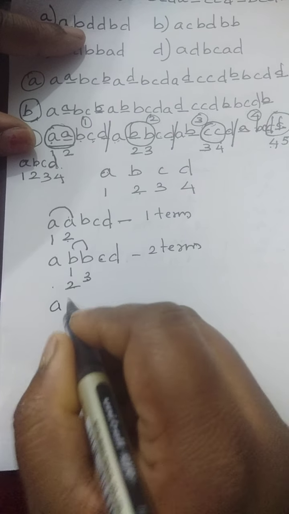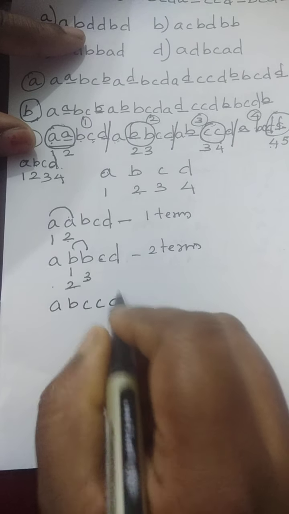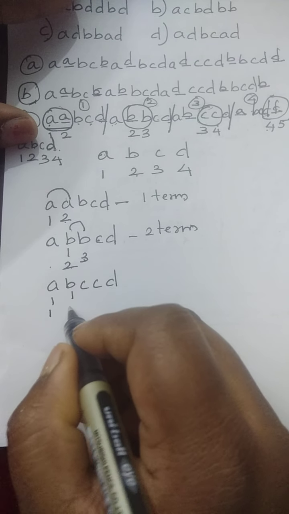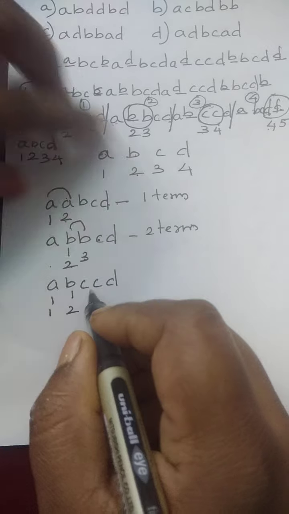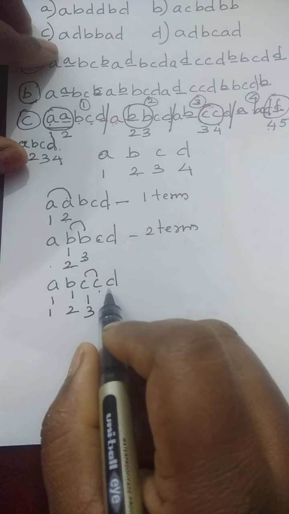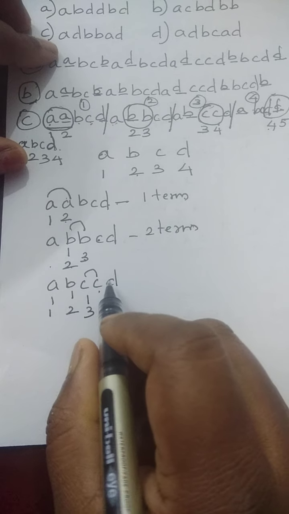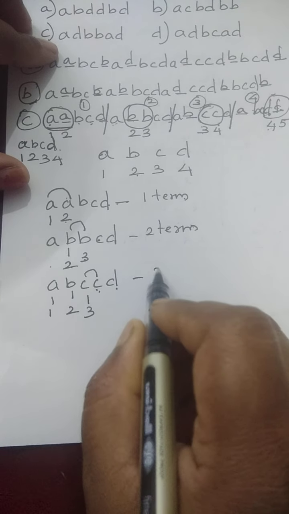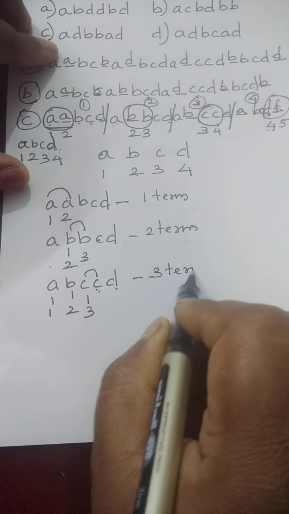And then take the third term, A, B, C, C, D. First place A, second B, third C. Here it is repeated in the third term, and after C comes D in the alphabet series. This is the third term.